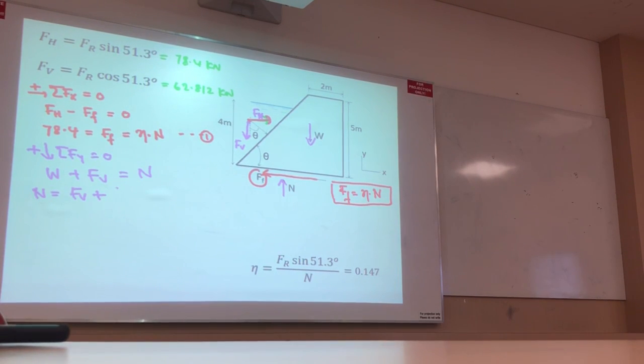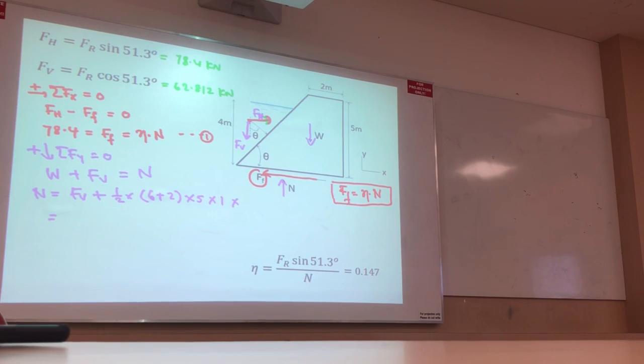Half times 6 plus 2 times 5 times 1. Good. What is the FV?